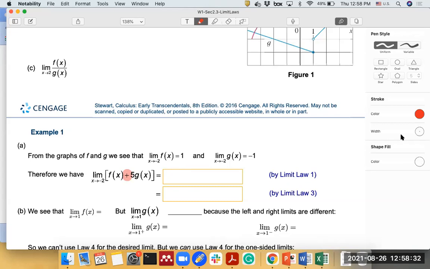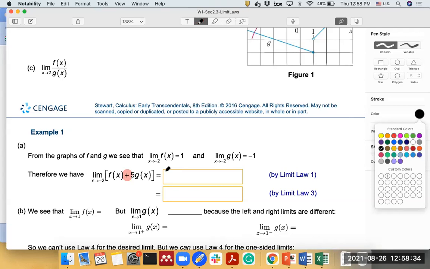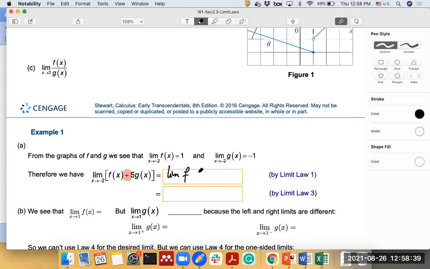So what should we write here? Very good. 5g(x). But x goes to -2, right? The same thing. Okay. By the first law.